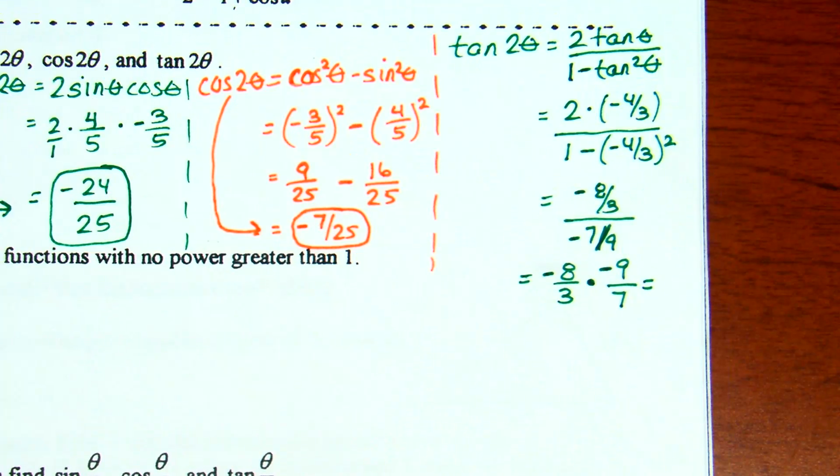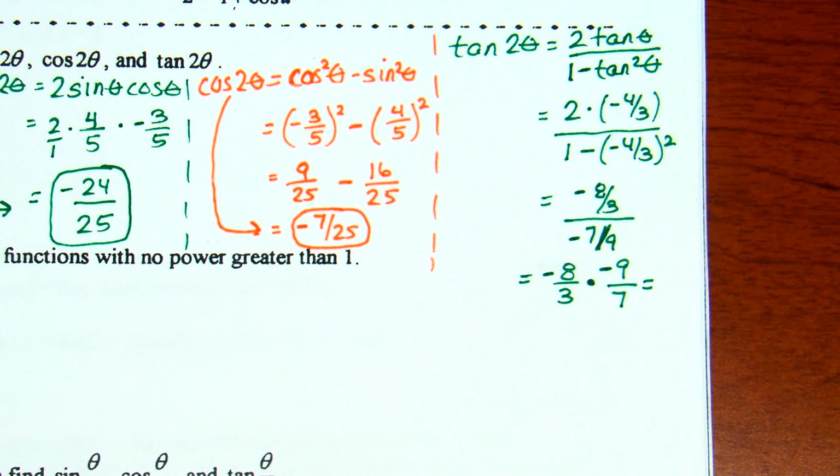Did you guys get your keep, change, flip? Multiply by the reciprocal. So negative 8/3 times negative 9/7. I don't know that a lot of you would, but I personally would cross cancel here because I don't want to have to reduce that fraction that's going to need reduced. I mean, you can go ahead and say 72 over 21, but then you have to reduce. I don't know if I would catch that reducing as easily.